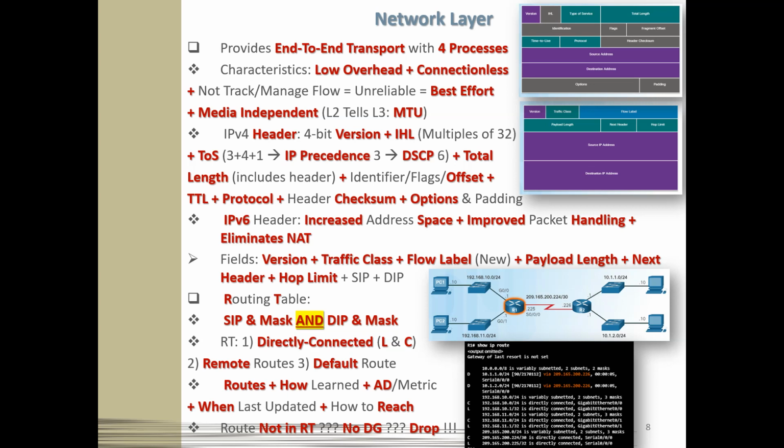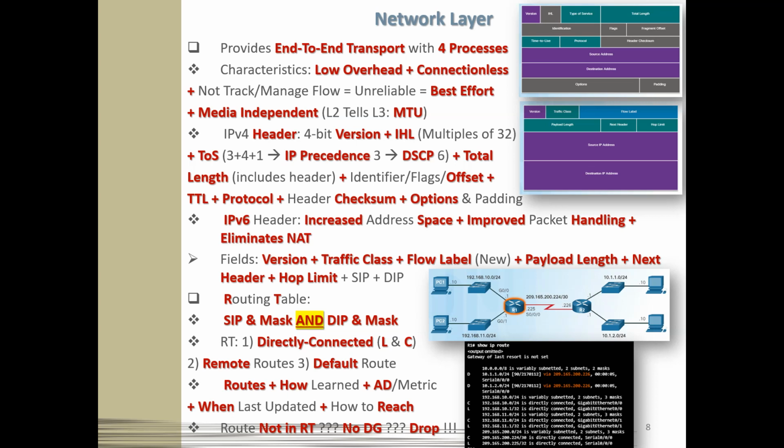If the default route is not set under the routing table, that means we're going to discard that packet because we don't know where to send it. We have not heard from this remote network neither statically nor dynamically through any routing protocols, and that means we need to use the default route, and if the default route is not set, then we don't know what to do with it, so we just discard it.